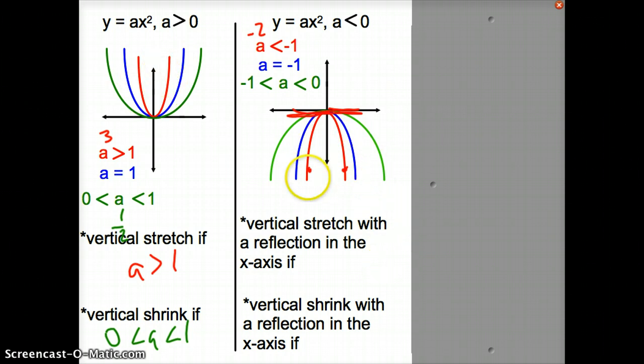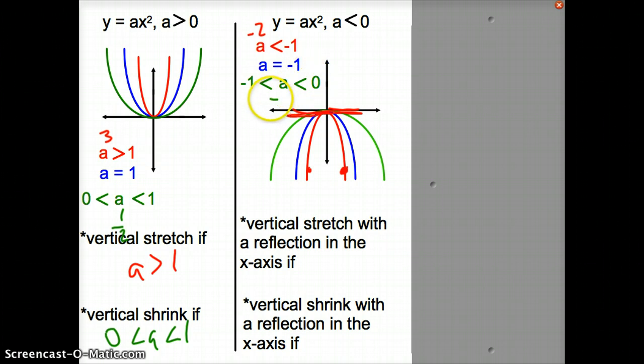There's also a vertical stretch happening because the wings of our parabola are closer together than the wings of the blue parabola, where the blue parabola is our parent graph, or a is equal to -1. And then finally, for the green parabola, we have -1 is less than a, and a is less than 0.